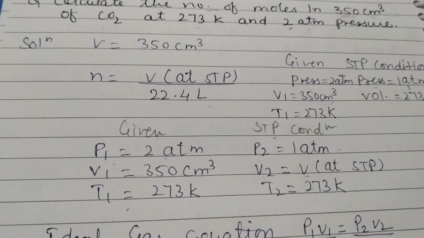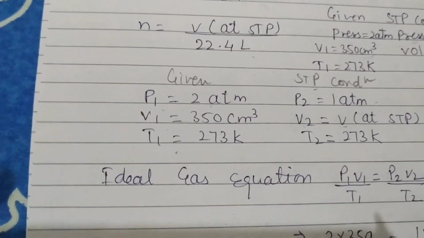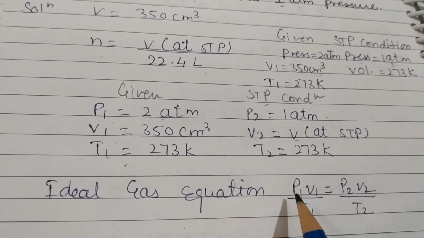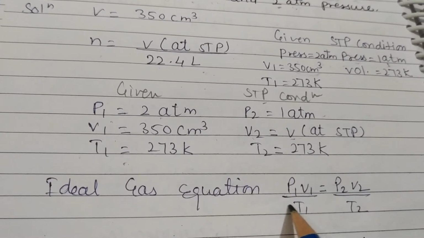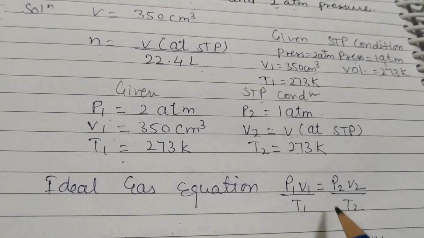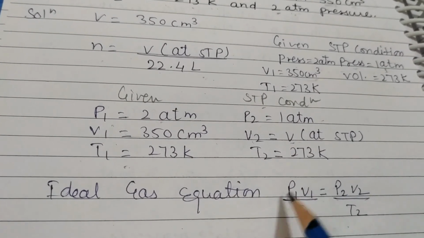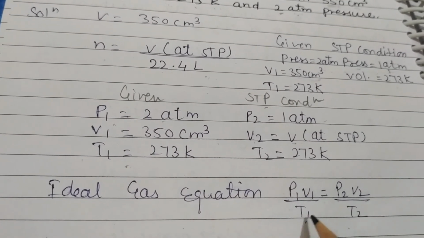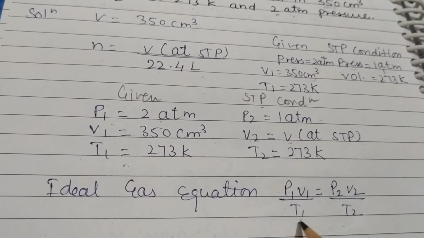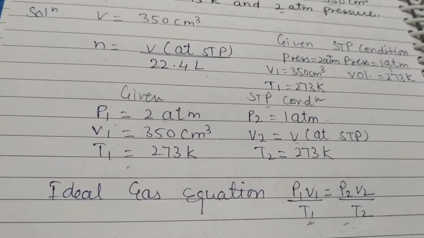So here we just apply an equation, that is the ideal gas equation, right? Ideal gas equation says P1 V1 divided by T1 is equal to P2 V2 divided by T2, right? Pressure and volume are inversely proportional when temperature is constant.